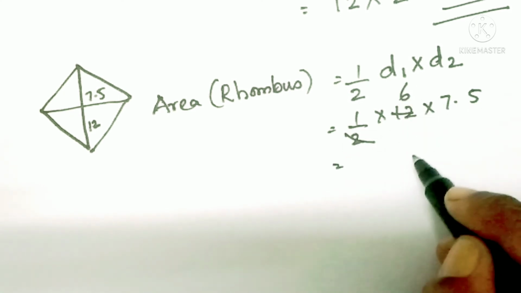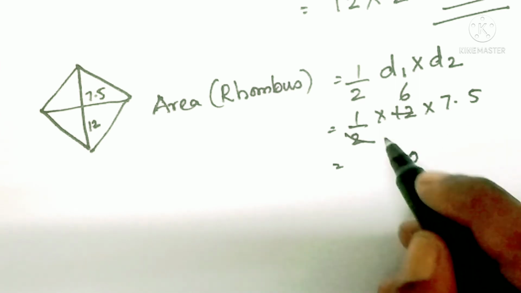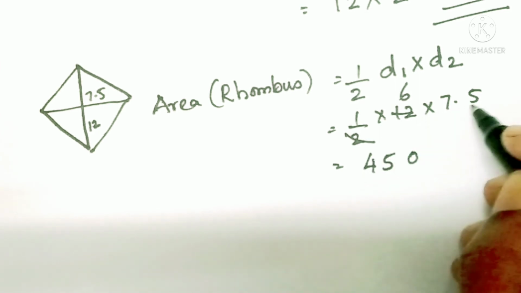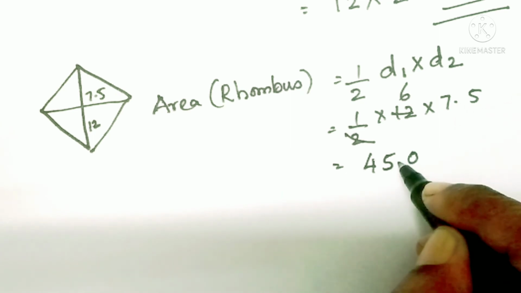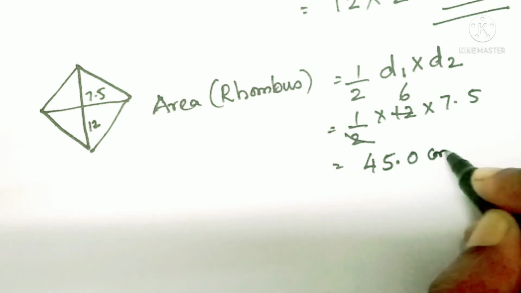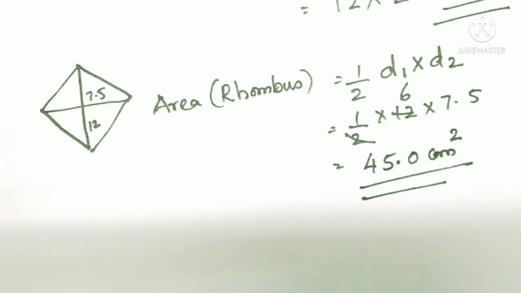So 6 5s are 30. 3 left. 6 7s are 42. 42 plus 3, 45. Here only one digit after the decimal point. So here one decimal point. And it is centimeter. So centimeter square. So what is the area of that rhombus? It is 45 centimeter square.